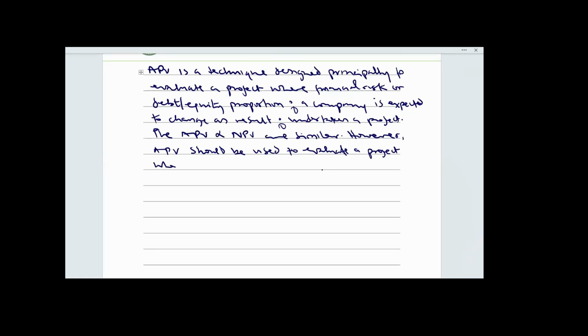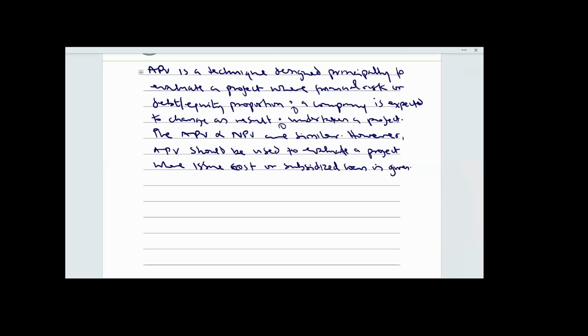where issue costs or subsidized loan is given.